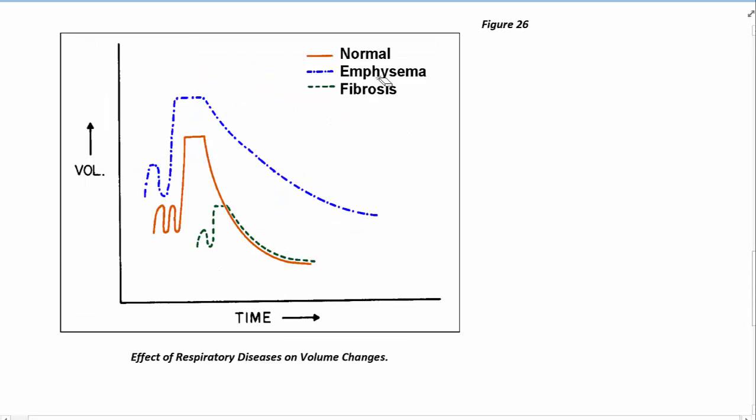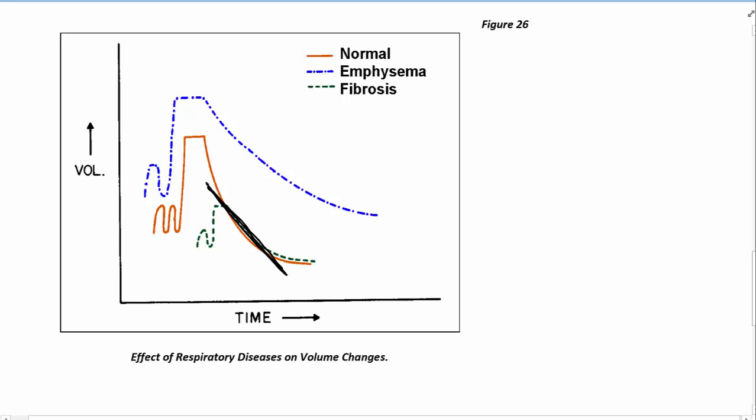So here is figure 26 in your notes, and this is an example of different disease states. We're going to use our normal versus emphysema versus pulmonary fibrosis, and we see that the FEF, which is the measure of the slope of the forced vital capacity, and it's the middle portion of that, it's the slope right here.